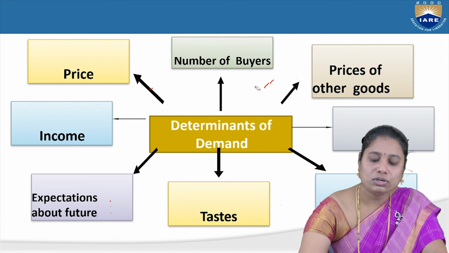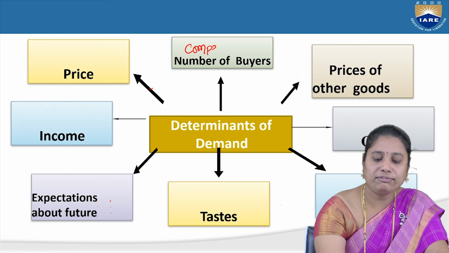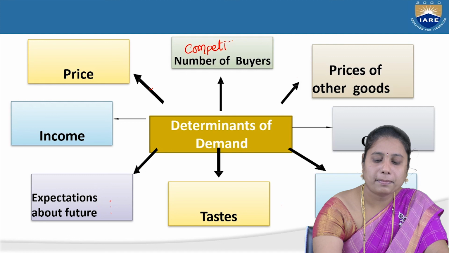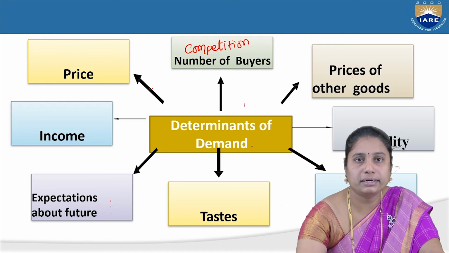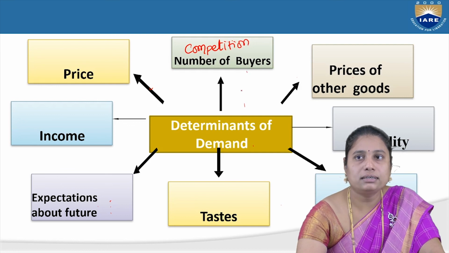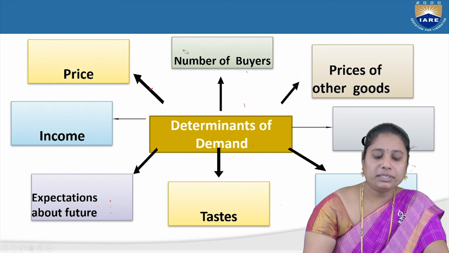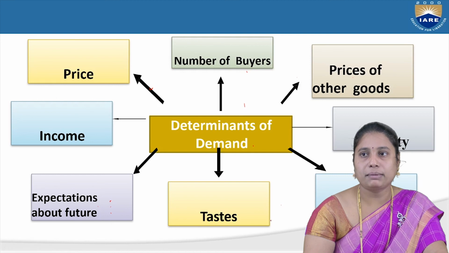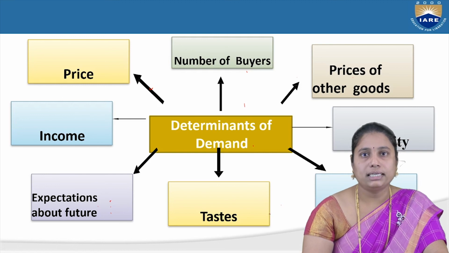And also competition, that is, the number of buyers. High number of buyers, high demand prevails. Low number of buyers, low demand prevails. So all these: competition, price, income, taste and preferences, supply of the product, quality, prices of other goods, everything will be called the determinants of demand.